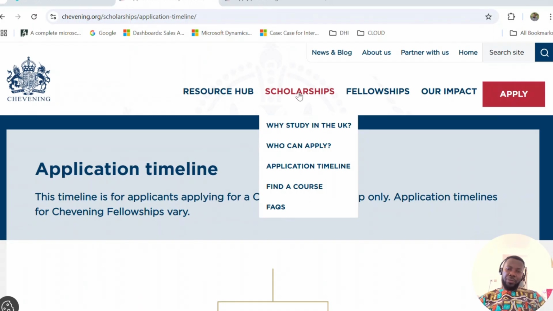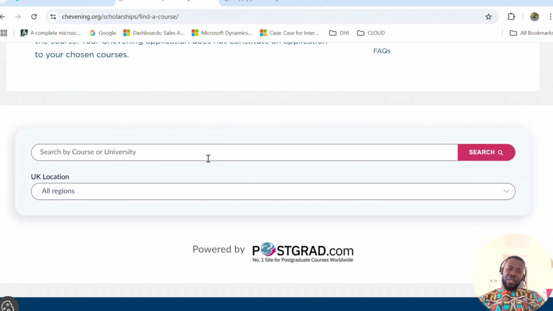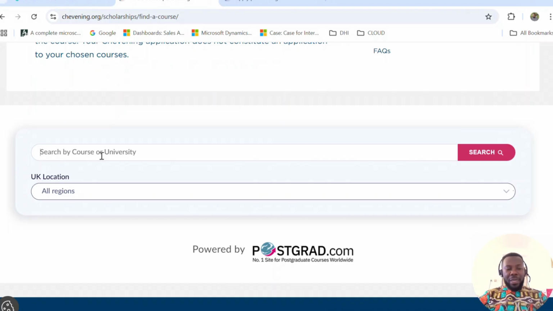Under the scholarships menu, if you place your cursor on scholarships, you can search for several other things, like find a course. Let's see what courses we can search. Let's say I'm looking for a program in biomedical science. So I can search by biomedical science.